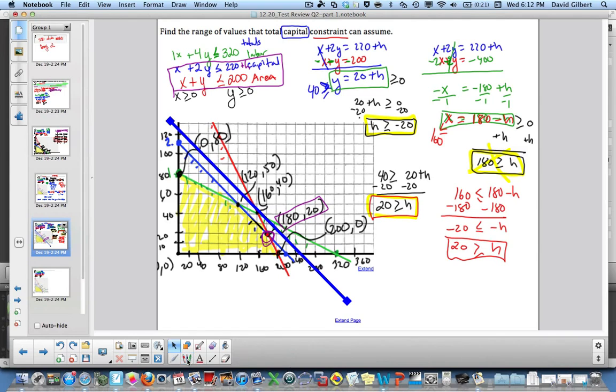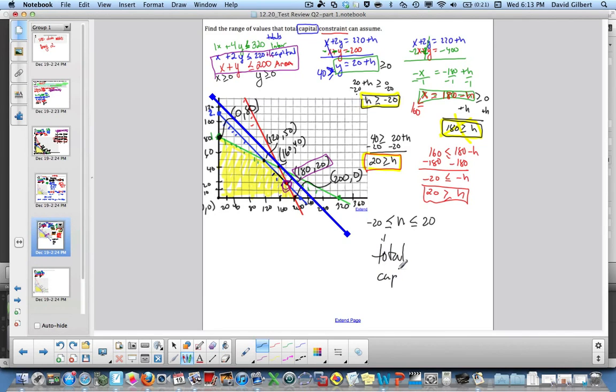So truly, with this three-equation system, what we're allowed to add to or take away from this constraint, that will keep our feasible point between the same two lines and not allow it to change feasible points and just satisfy the fact that the coordinates are positive, is h between negative 20 and 20.